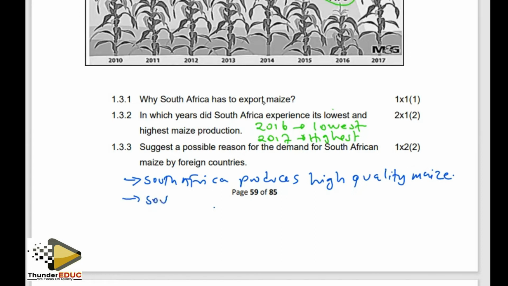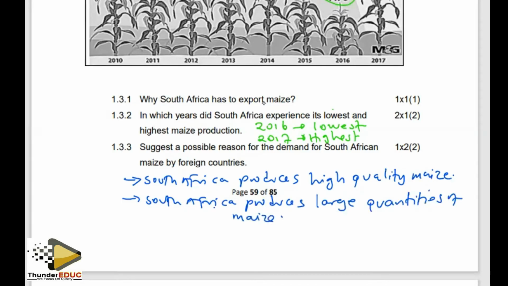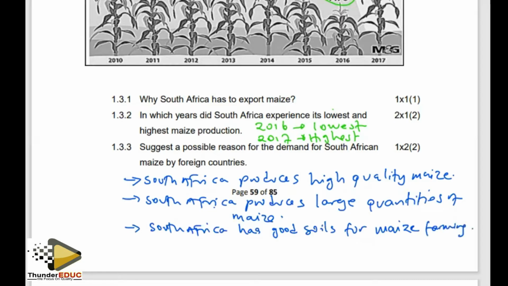Secondly, we could say South Africa produces large quantities of maize, and as well we could say South Africa has good soils for maize farming.